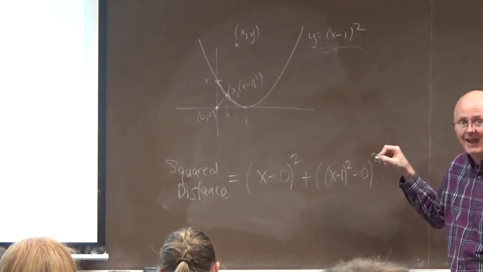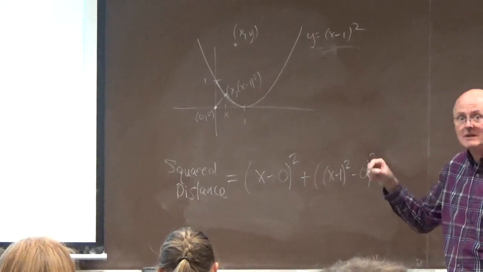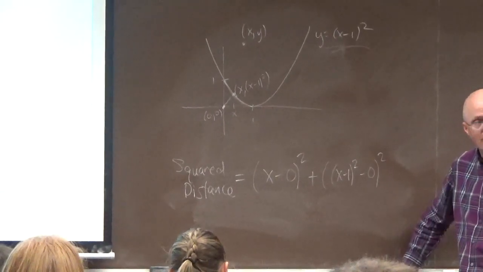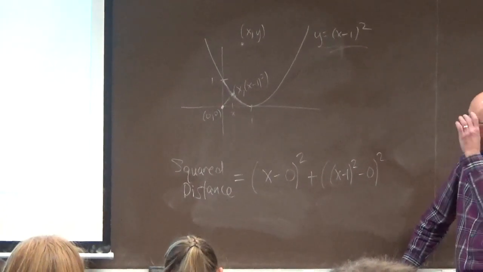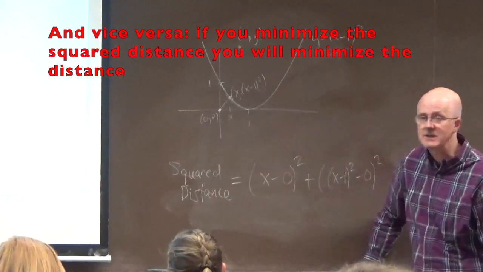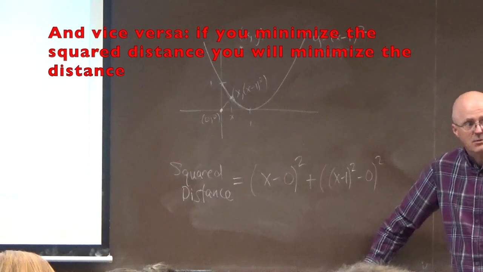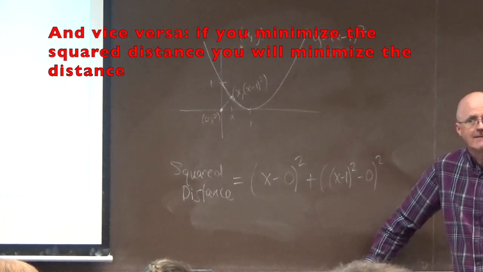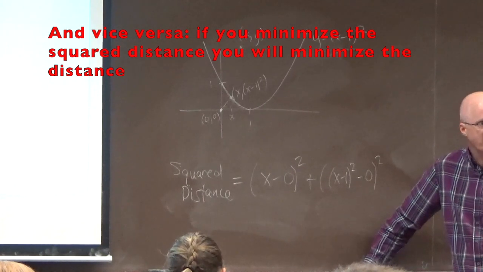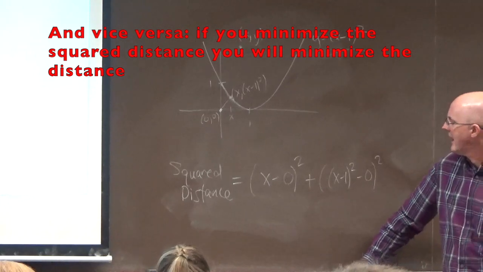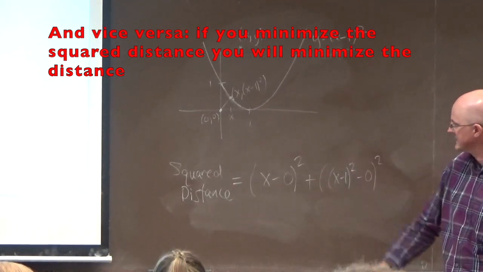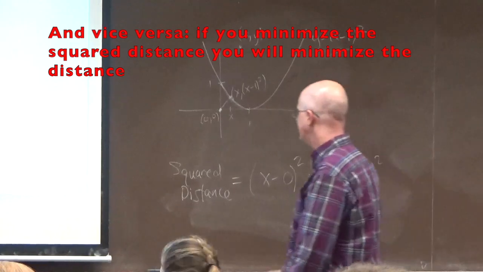Is that really okay? Yeah, if you minimize the distance, you're going to minimize the squared distance. If the minimum distance is 0.5 or something, the minimum squared distance is going to be 0.25, 0.5 squared. That's a basic helpful principle. I can avoid taking the square root of this. I'm just doing the squared distance. And I can give this function a name.